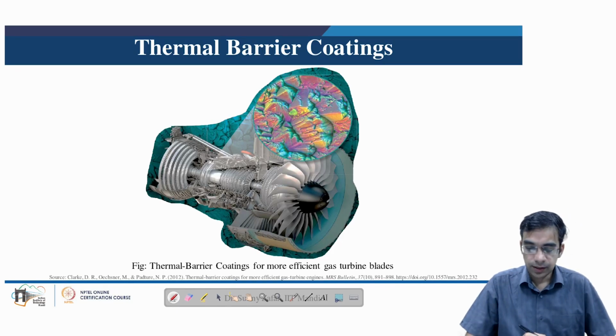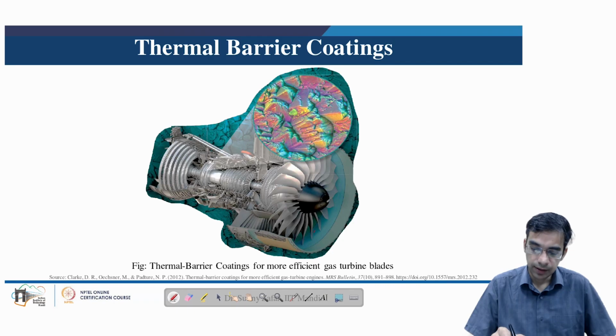So as we can see in this schematic here, the thermal barrier coatings are basically refractory oxide coatings which are applied on metallic surfaces or metallic parts of the hottest zone in the gas turbine engine. So here we can see a typical cut section of the gas turbine engine wherein we can see the fan here.